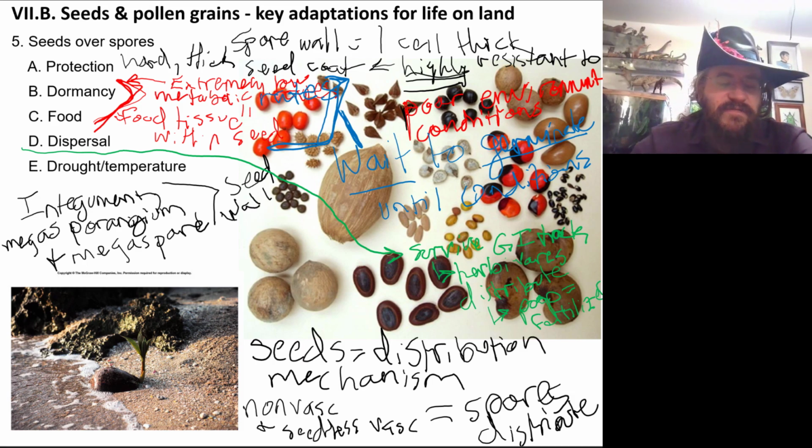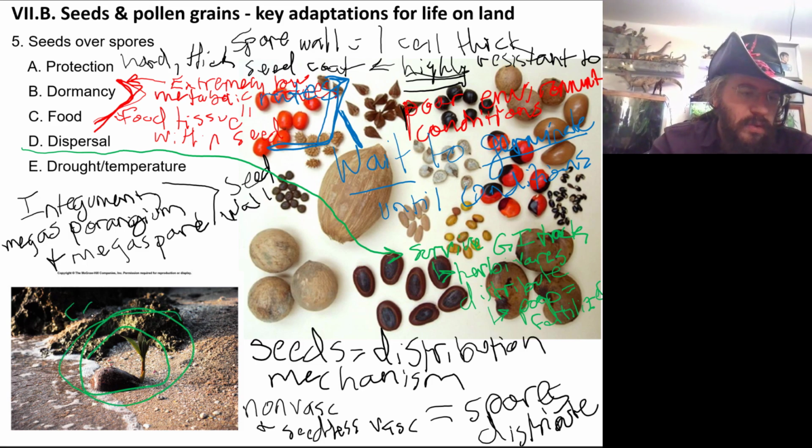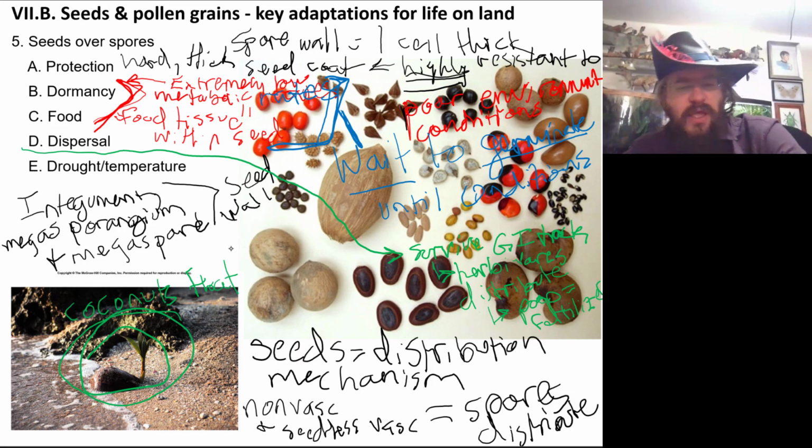Coconuts float. Right? So there's my coconut. They have an extremely thick, hard seed coat, and they can float on the ocean and travel vast distances before being washed up into places where conditions are good for germination.